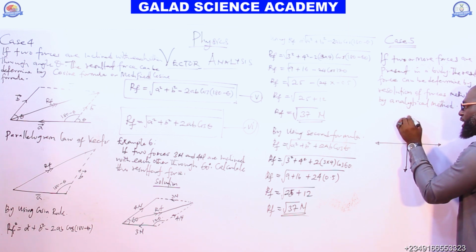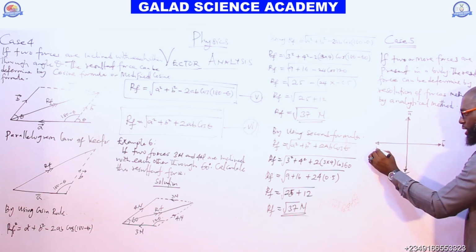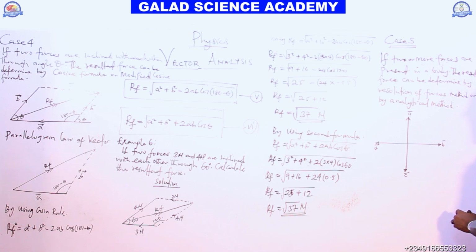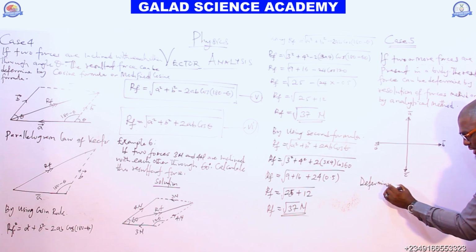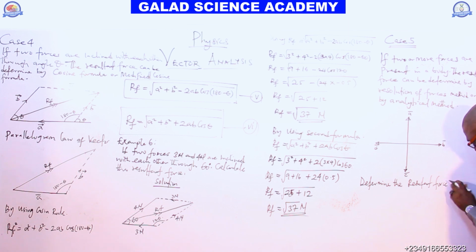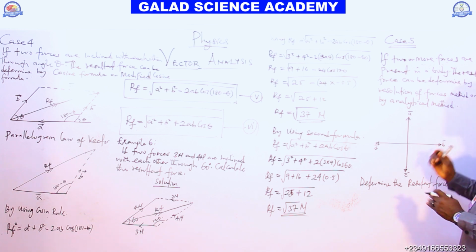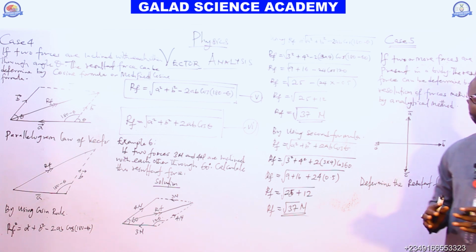Let me say these are vectors A, B, C, and D. We have 2 or more forces now. You are asked to determine the resultant force here. To determine it, we use resolution of forces or the analytical method.